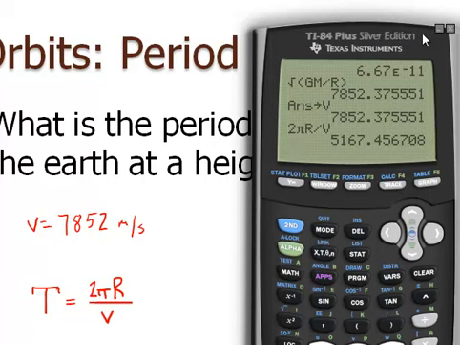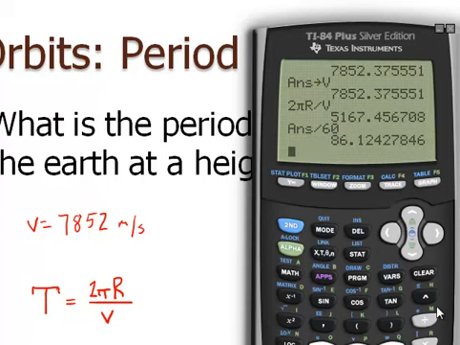So 5,167 seconds. If we divide that by 60 seconds, we get a period of about 86 minutes, which is pretty standard for objects in what we call low Earth orbit.